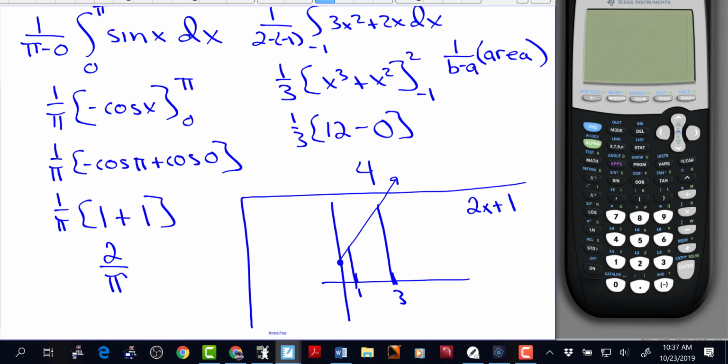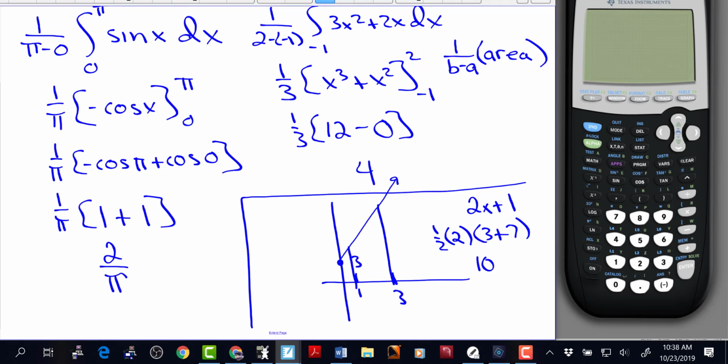So the area under the curve would be 1/2 times, the height would be 2. This base right here would be, let's see, 2 plus 1 is 3. 3 plus, this base right here would be 7. So 10 times 2 is 20 divided by 2 is 10, right? So the area under the curve is 10.